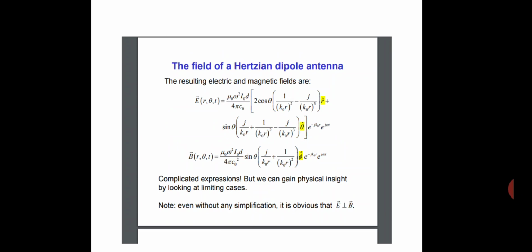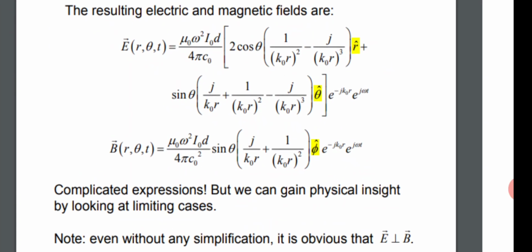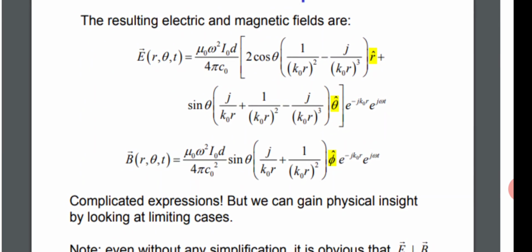The electric field E(r, theta, t) is mu naught omega square I naught d upon 4 pi c naught into 2 cos theta into (1 upon k naught r square minus 1 upon k naught r cube) r hat plus sin theta into (j upon k naught r plus 1 upon k naught r square minus j upon k naught r cube) theta hat, into e to the power minus j k naught r e to the power j omega t.